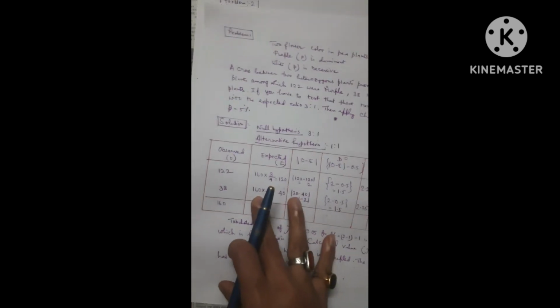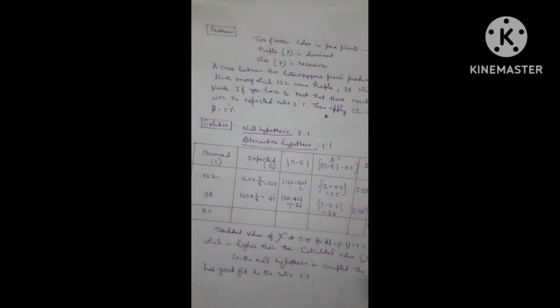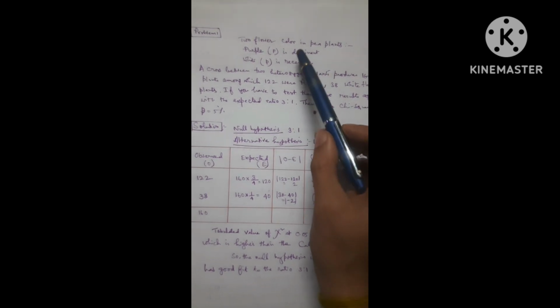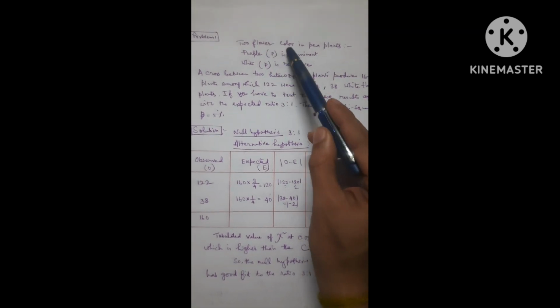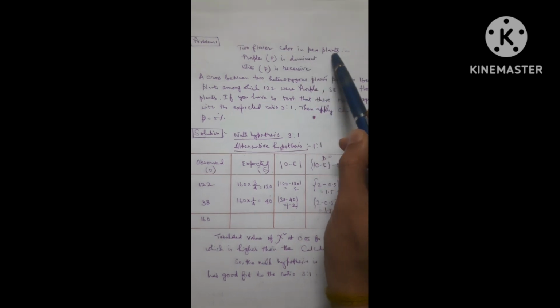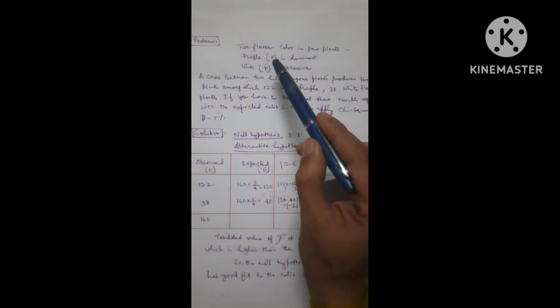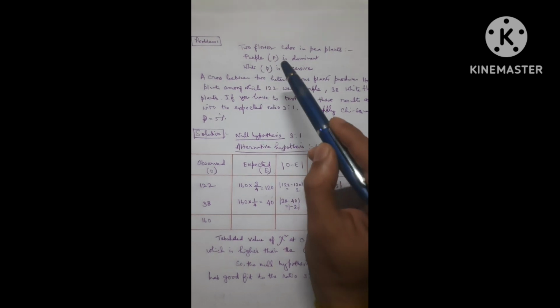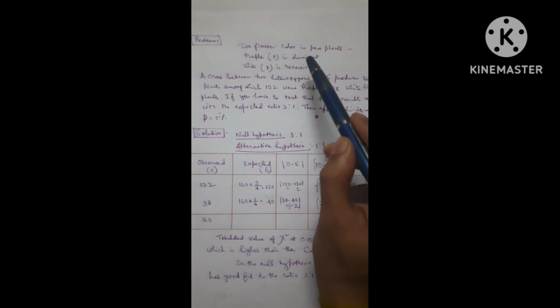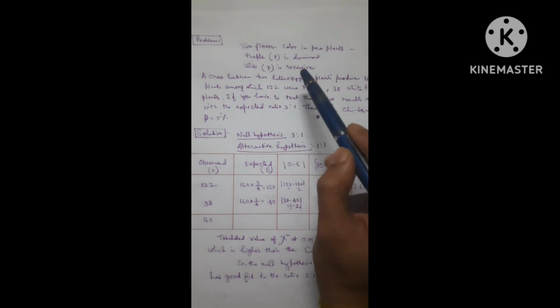So first, problem 1. Suppose you have 2 flower colors in P plants. One is purple, another one is white. Purple is capital P and white is small p. Purple is the dominant character and white is the recessive trait.